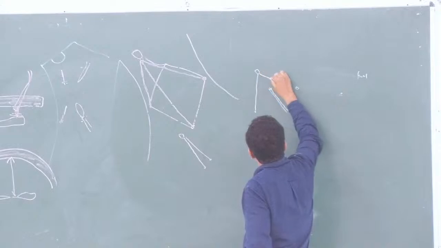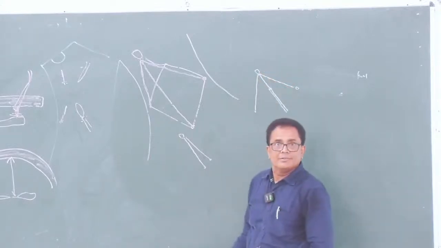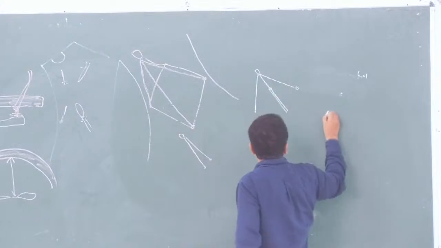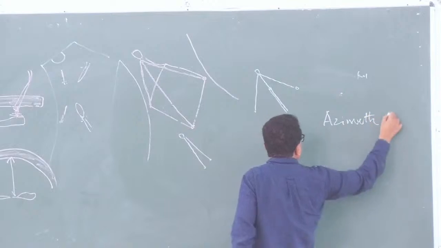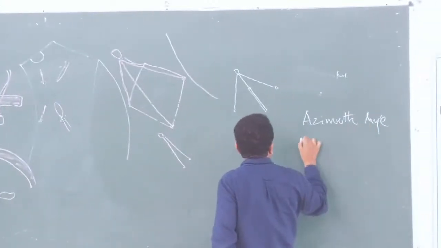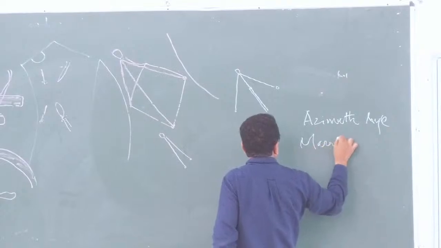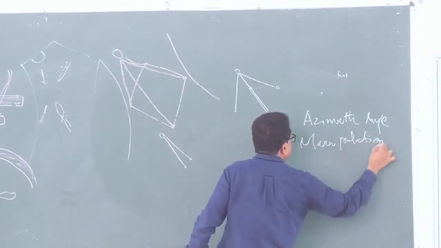This is one instrument, this is another instrument, and here is the direction of the light. Those who want to appear for a gold medal and all this, they can. One is the azimuth angle, the other one is called the manipulation angle.